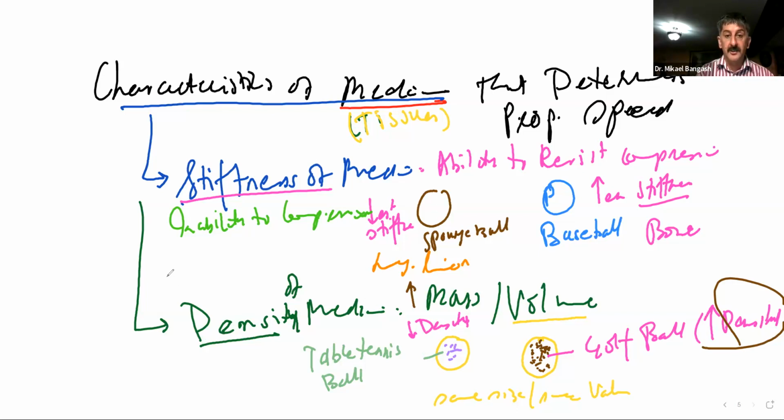So the two characteristics of a medium that determine whether a sound wave travels at a fast speed or slow speed are how stiff the medium is, and what the density of the medium is. Is there anybody who is in any doubt?